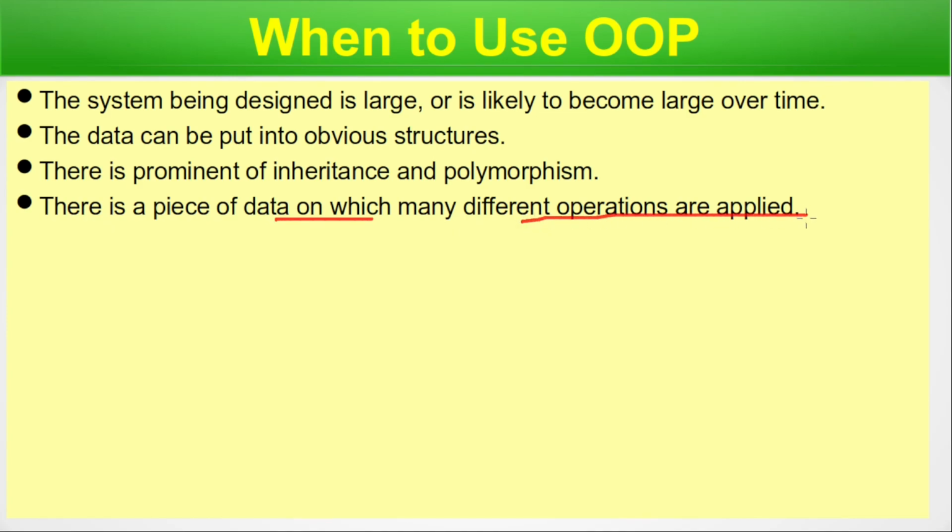If I say there is a class test, so there is a method, that class test we can apply on each of the students. A class test is announced on, say, the 15th of January, and on that day each and every student will have to face a class test. So, a piece of data on which many different operations can be applied.